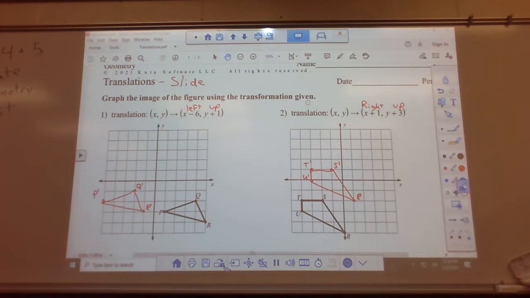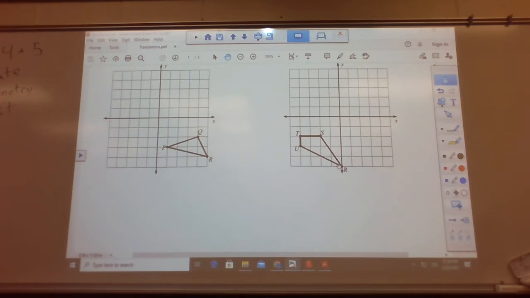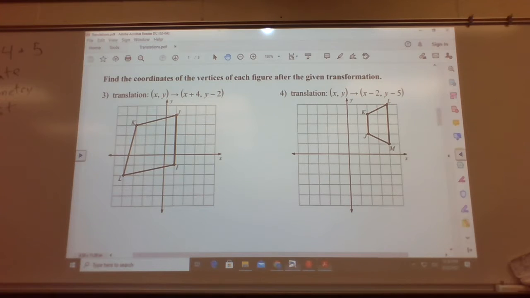So for the first 2, I'm taking a graph and a rule and making a new graph. Are we okay on the first 2? The next 2 are virtually the same thing, but there's an extra step. It says find the coordinates of the vertices of each figure after the given transformation.